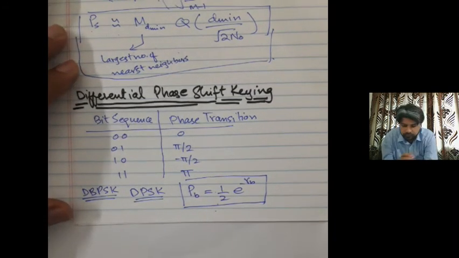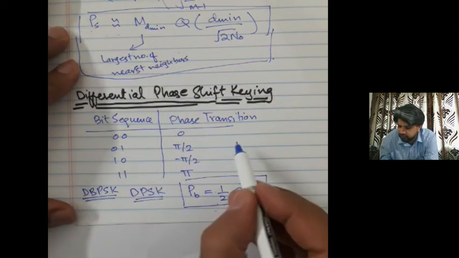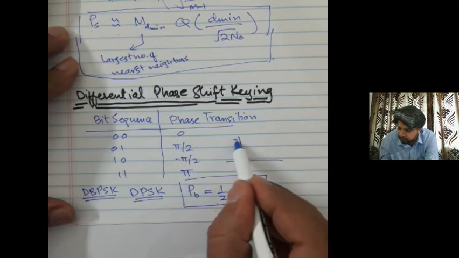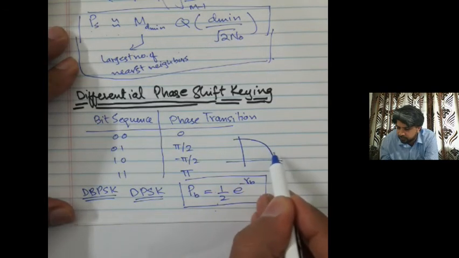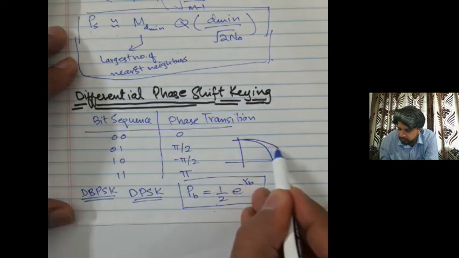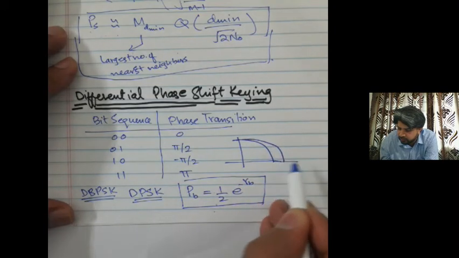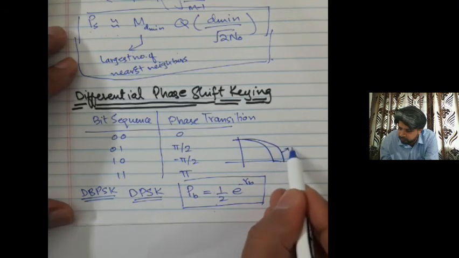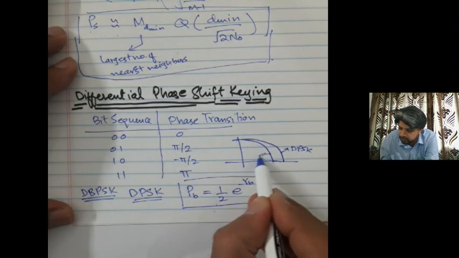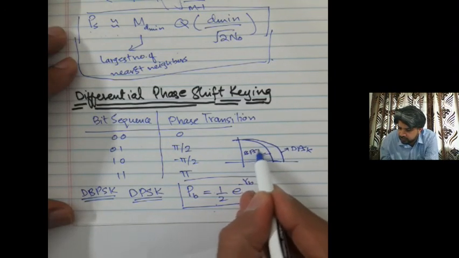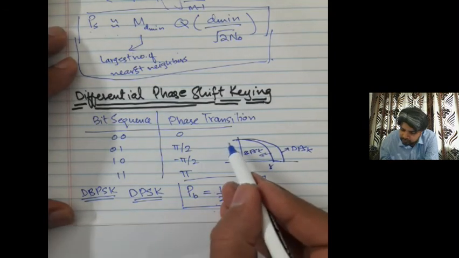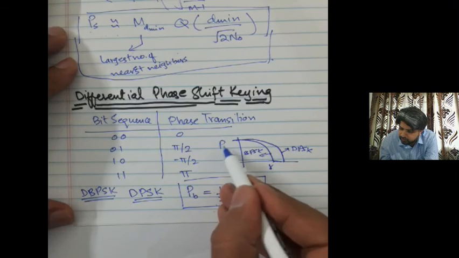Please note that for a differential phase shift keying, you would always have a 3 dB penalty. If, for example, this is the performance with BPSK, you would get 3 dB worse performance with differential phase shift keying. It would be DPSK, and that was BPSK, where on this axis you have your signal to noise ratio, and on this axis you have your error probability.